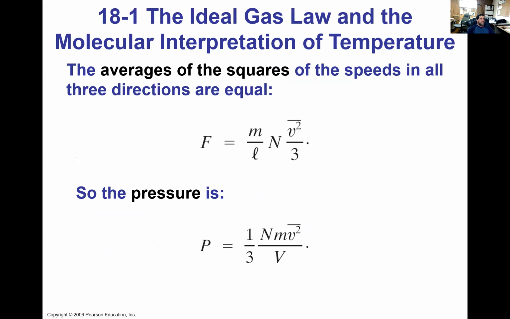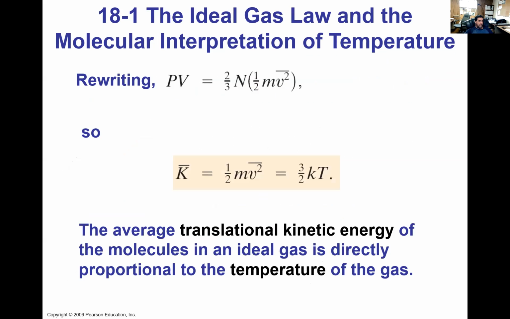The averages of the squares of the speeds in all three directions are going to be equal, so the pressure is given by this equation. Okay, if we rewrite it, we end up with an equation for translational kinetic energy for the molecules of an ideal gas. 1/2 average mv squared, or 3/2 kT.